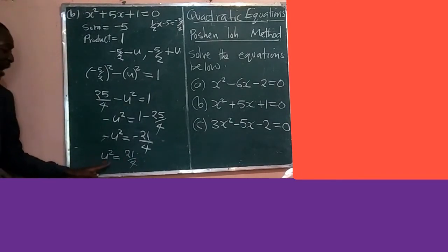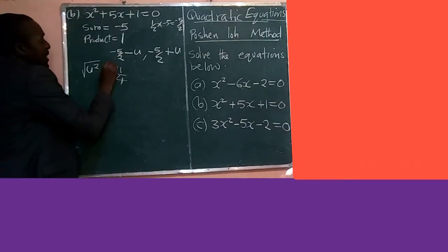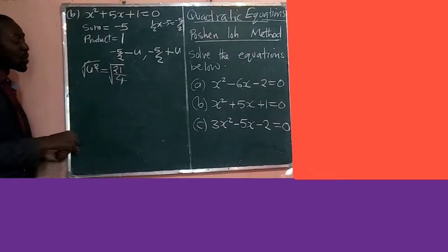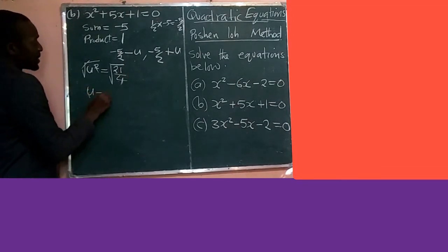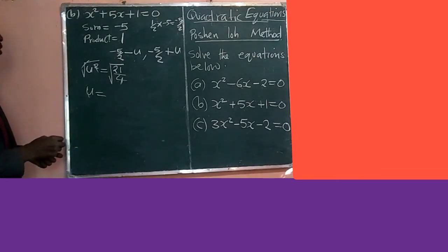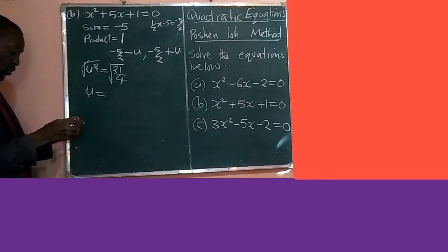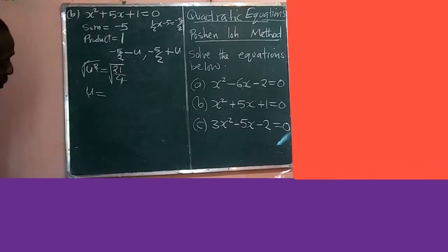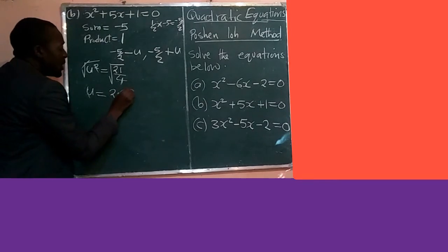And so we now find the square roots on both sides. The square root of u squared and the square root there. So those two cancel out. You remain with u is equal to, and then now we can find the square root of 21 over 4, which will give us 2.29. So here u is equal to 2.29.